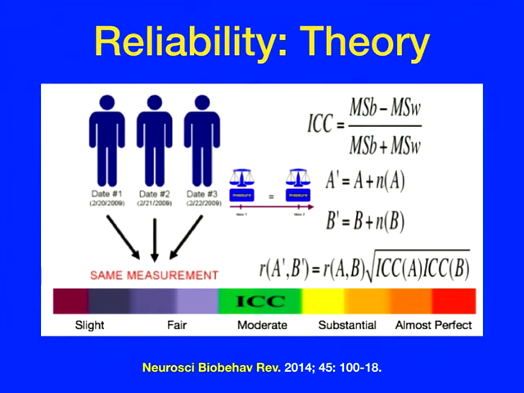So why is ICC so important? In theory, we know this is the true signal. We can never get this true signal clearly. It's always polluted by some noise, right? And we measure the noisy signal.